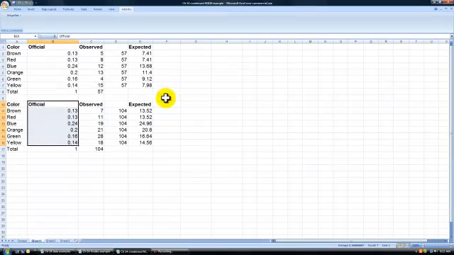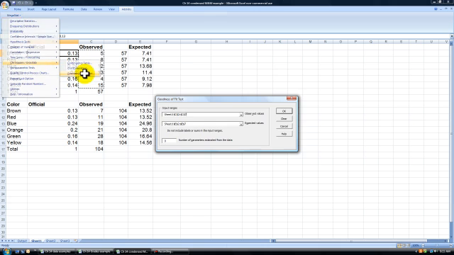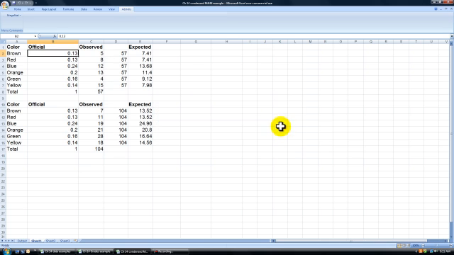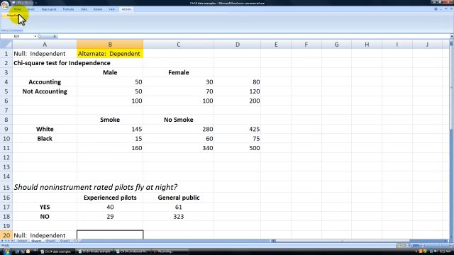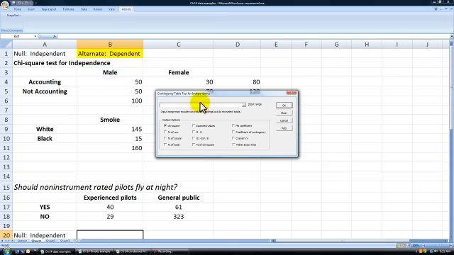Just to show you a little bit more of what's actually going on, we'll go back to the data examples real quick to show you a little bit more about the chi-squared test in a contingency table.